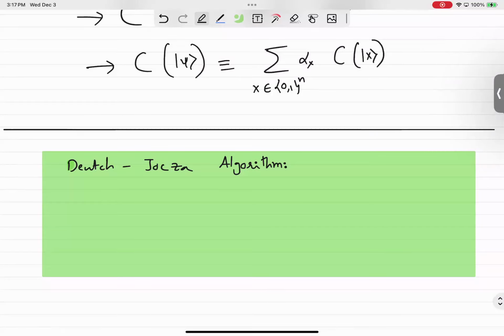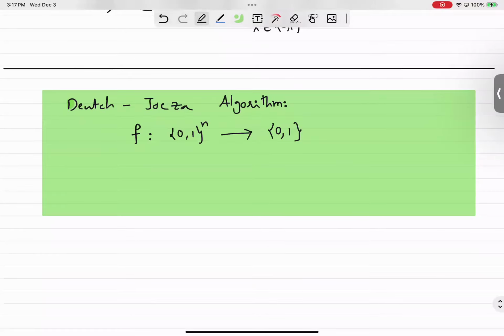Now, they said consider the following toy problem. I have some function which takes n bits and outputs a single bit. I'll tell you how we are given access to this function in a second, but for now, we're just given this function.